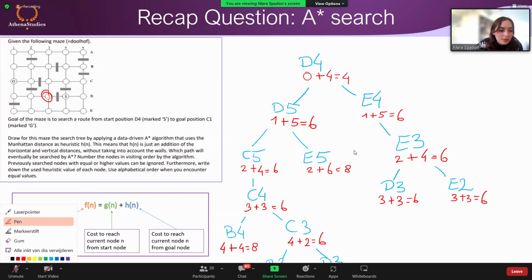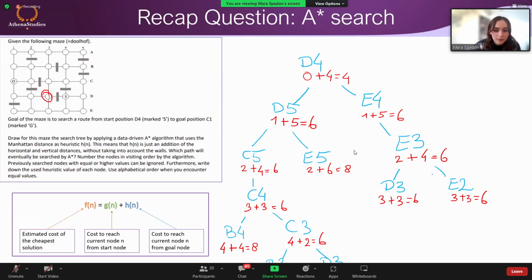So after D3, where do we go? We could go to either D2 or C3, but we've already been to C3. Great, yes. So what is the value for D2? 4 plus 2. Mm-hmm. And then where do we go?